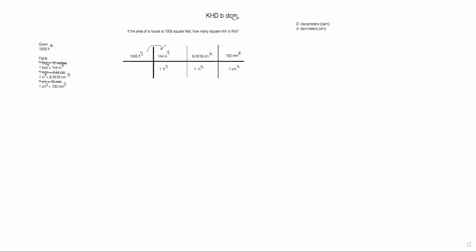So we're going to multiply by 144. We're going to do 1505 times 144. Divide that number by 1. Multiply that number by 6.4516. Divide that number by 1. Multiply that number by 100, and then divide that number by 1.